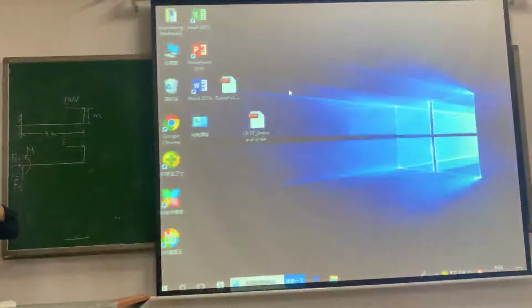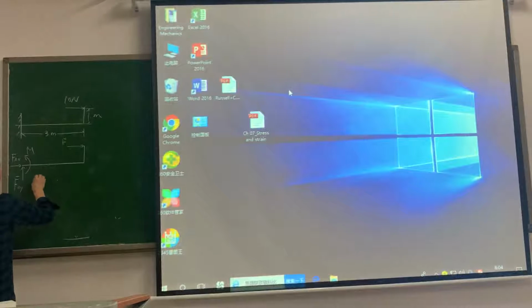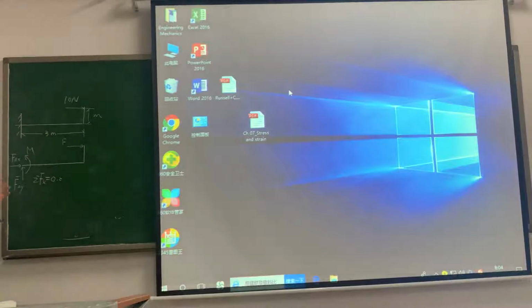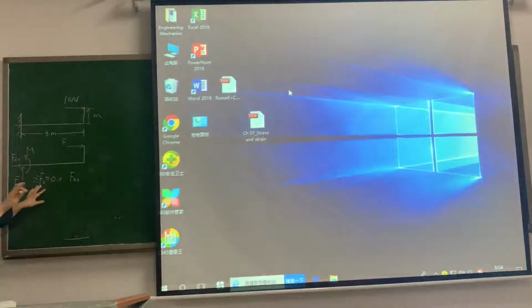We can get the equation. Sigma Fx equals 0. It means the summation of all the horizontal forces is 0.